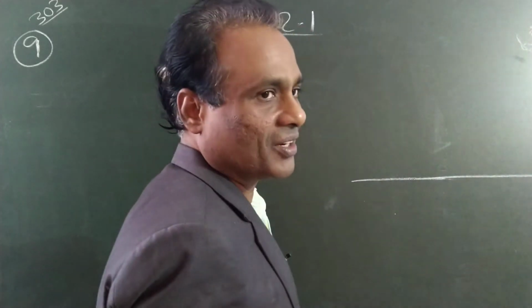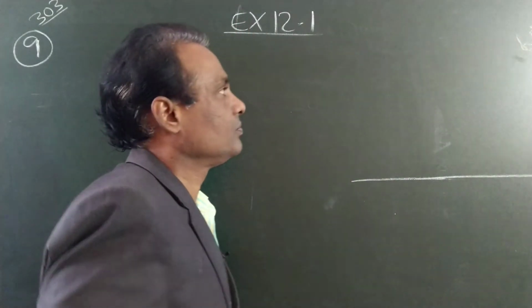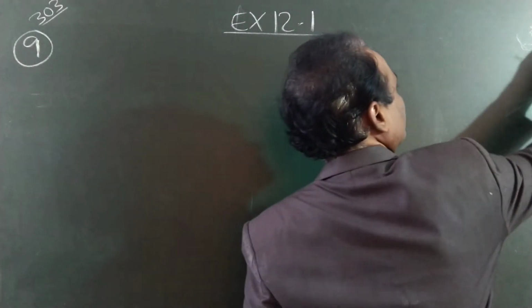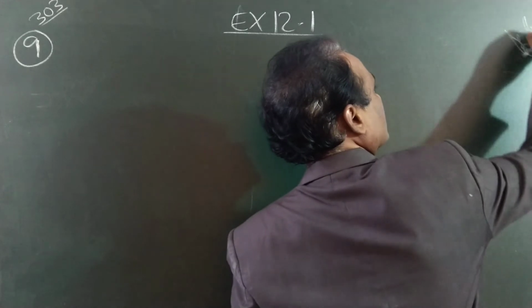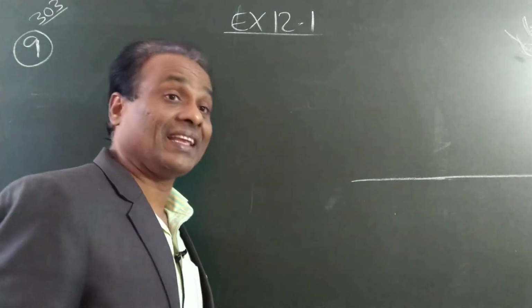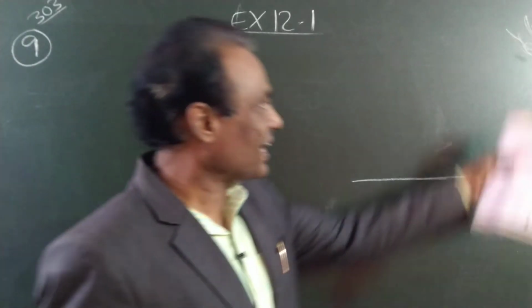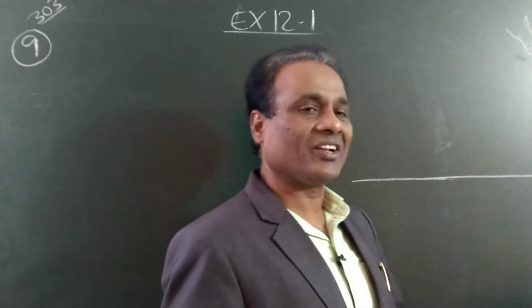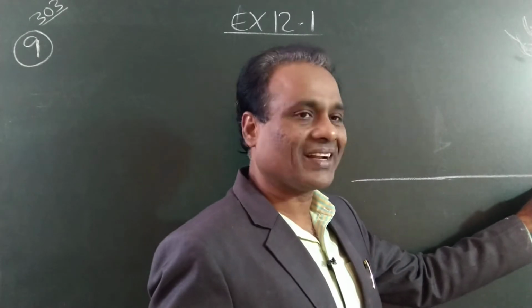Only a line you should draw. This is the tree. AB is the tree, standing on the ground. The tree will be straight only, no? Here there is a tree. It is straight.